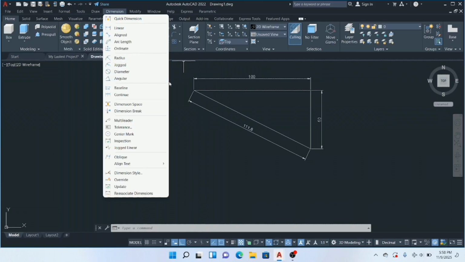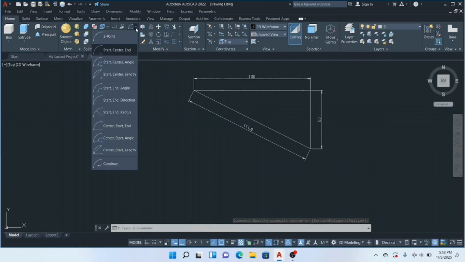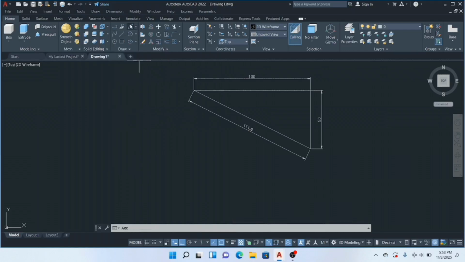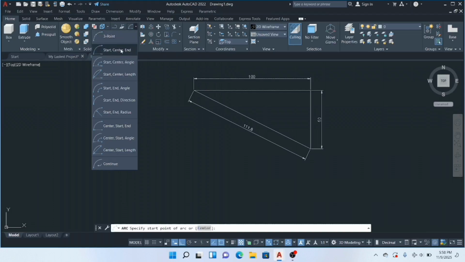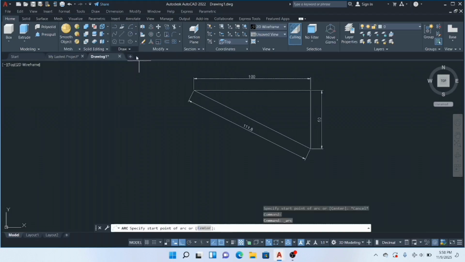The next one is the arc length. The arc length is used to measure the distance along an arc. So I'm just going to go to my draw toolbar, then I'm going to pick the start, center, end under arc.